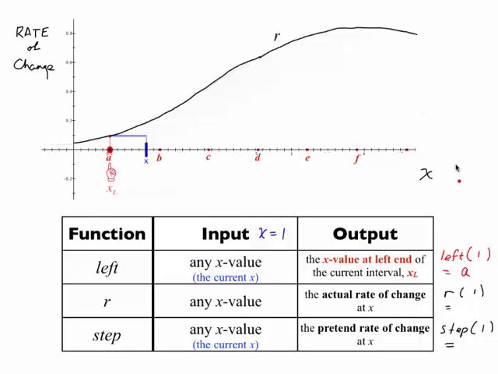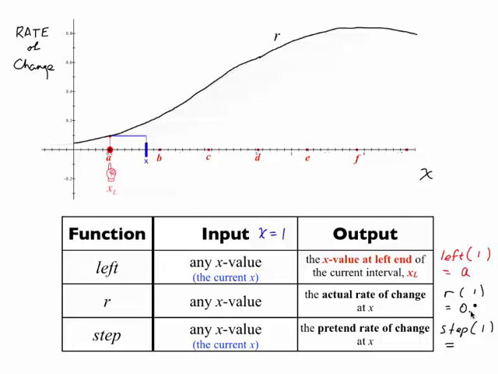What is R of 1? What about 0.1? Is that what R of 1 is? No. What is R of 1? It's like 0.2. You should be thinking it's 0.2.